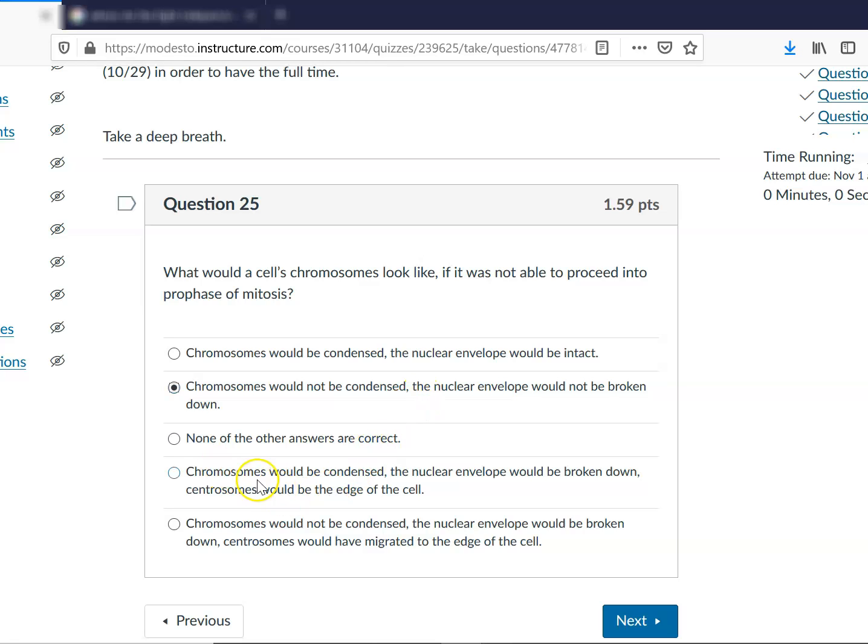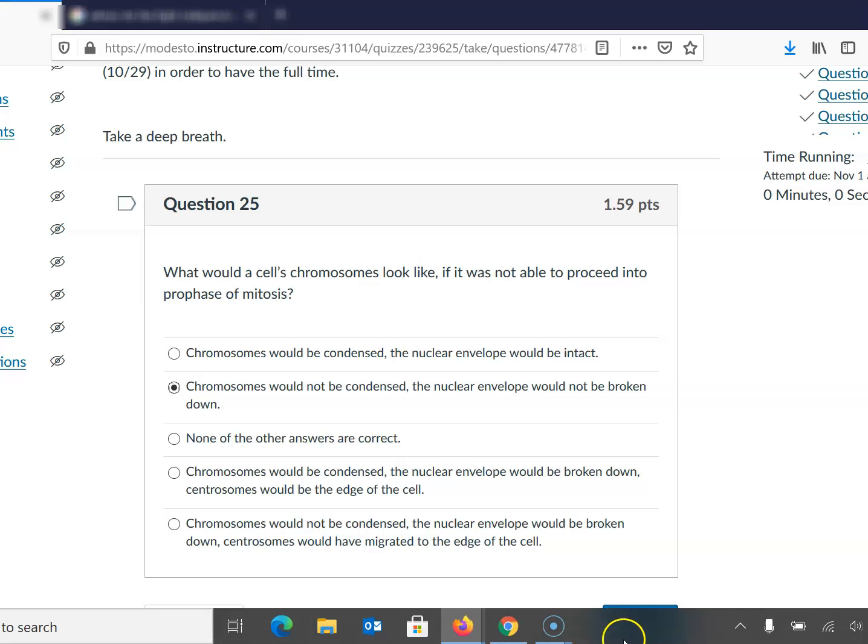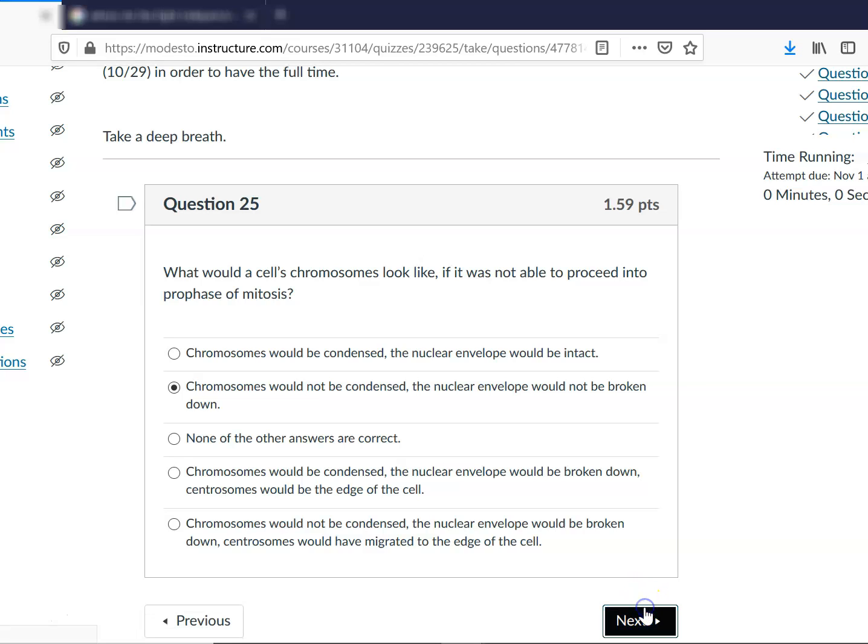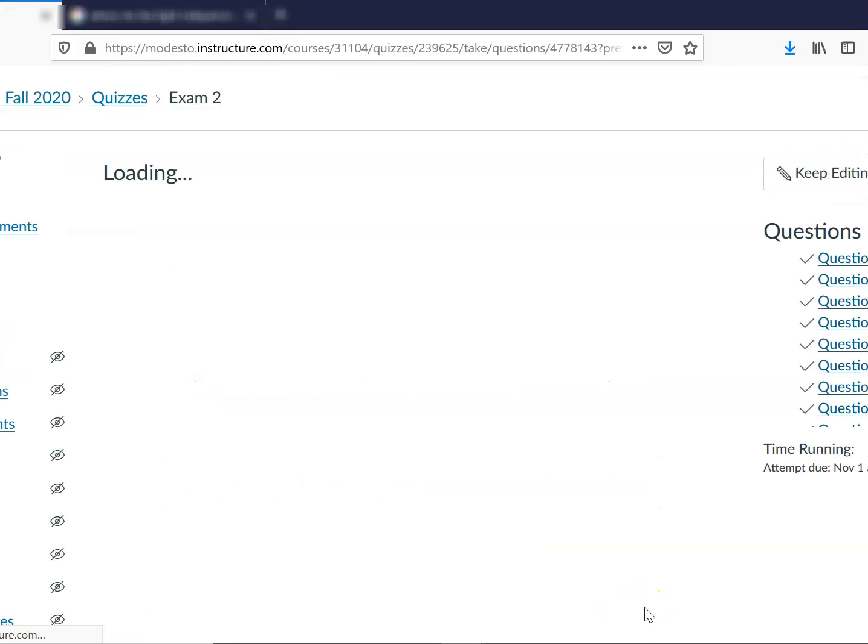That's my answer. Chromosomes would be condensed, nuclear envelope would be broken down. No. This is so wordy and annoying. I'm going to try not to put stuff like this on future exams because it sucks to think about. Chromosomes would not be condensed. The nuclear envelope would be broken down. Centrosomes would... No. I think we got the right answer. Or maybe I'm just sick of reading it, so I just picked that one. We'll find out.